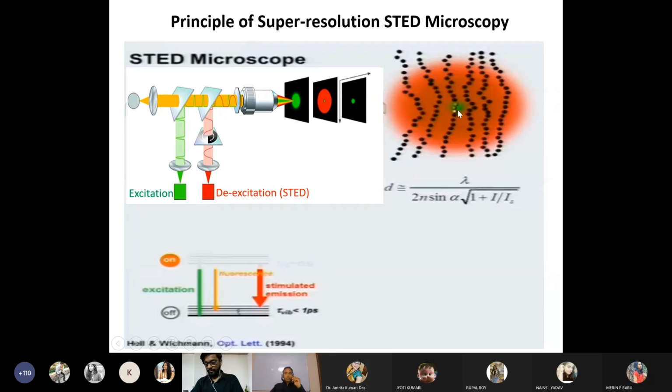Okay, and what about this green spot? So this is the green spot, which is the excitation light. So we are trying to glow.